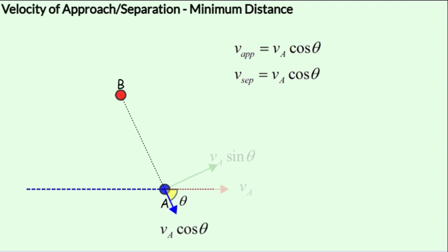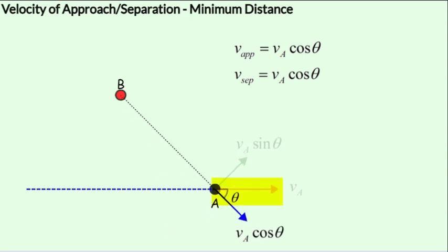The velocity VA would have the same magnitude and direction, that is, to the right. But as you can see, its components VA cos theta and VA sin theta keep changing. Let's watch this one more time.